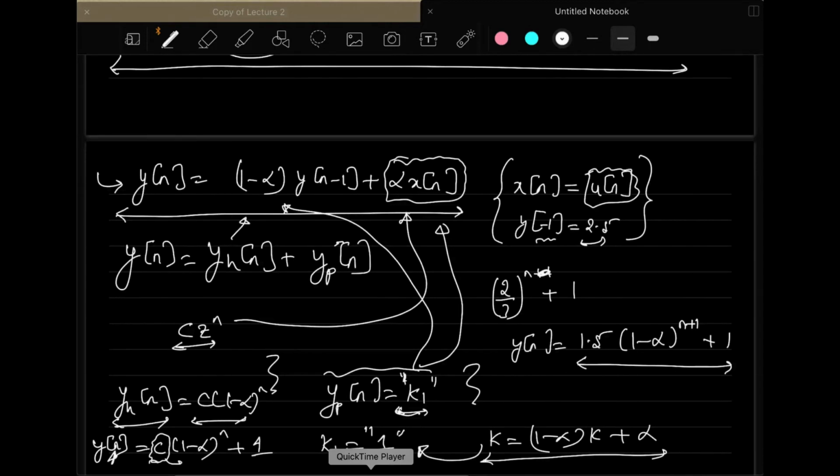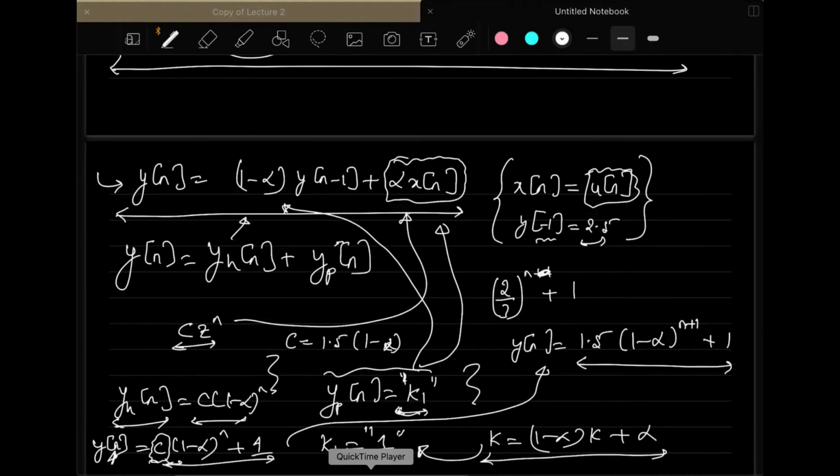And once you get that value of c, you can substitute it back into this expression to get the total response of this difference equation. The value of c that you will get here will be 1.5 times (1 minus alpha). So once you plug that into this equation, what you will get as the answer is this. So you can solve these types of questions like this.